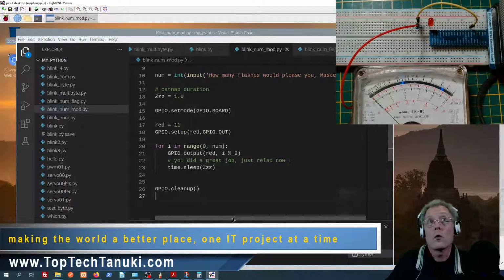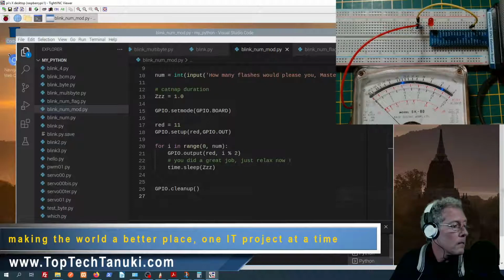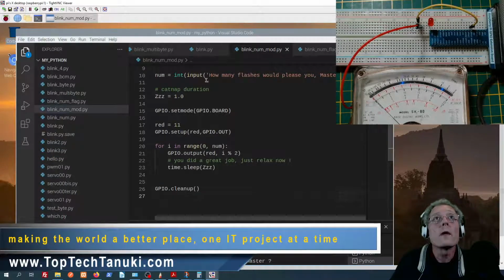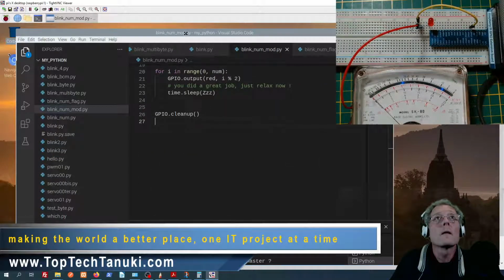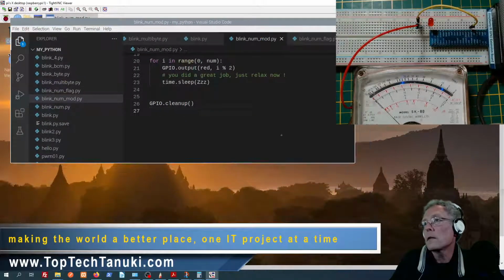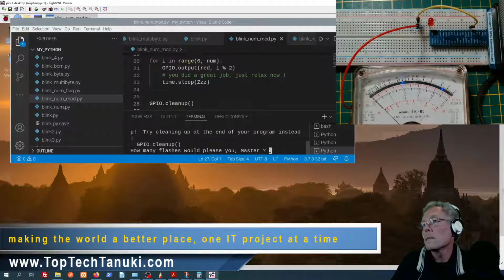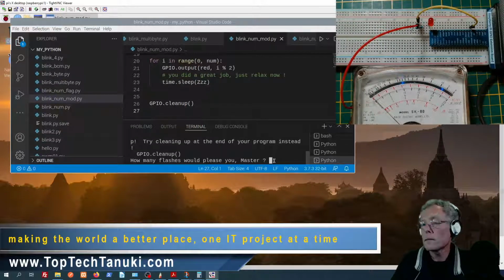Okay, I hope it's this one. And no. How many flashes do we want? I will just adjust the size here. We want 5 flashes.